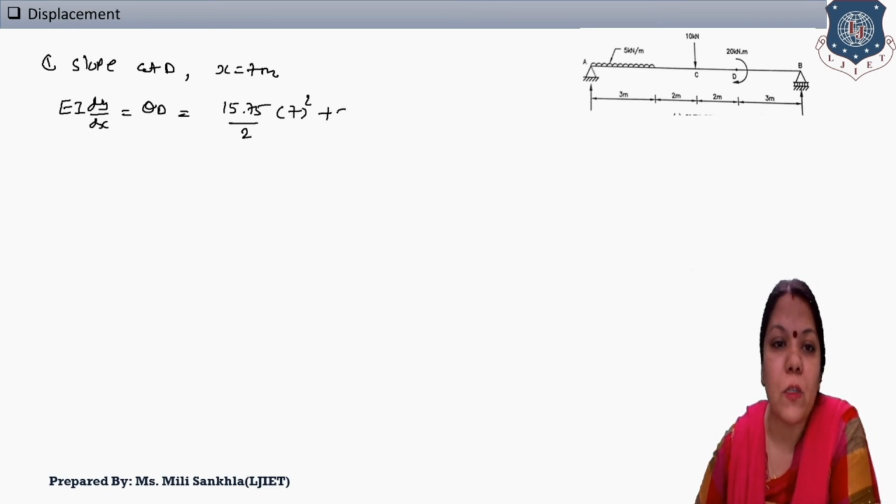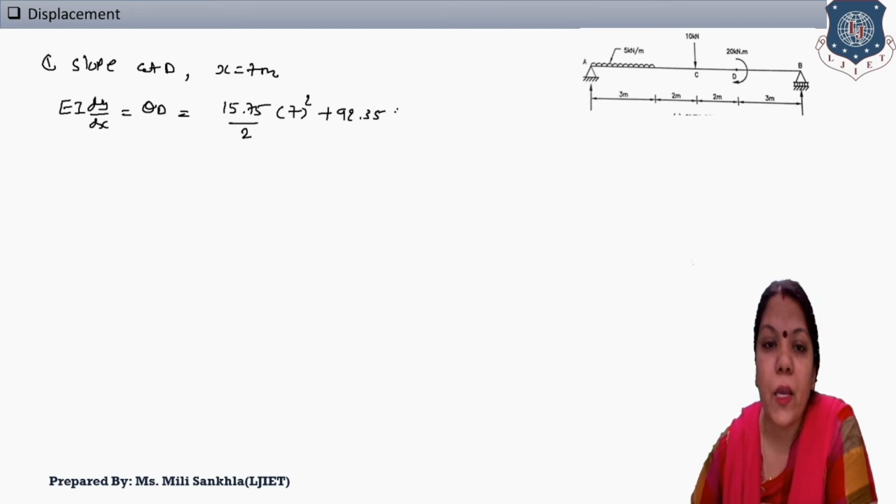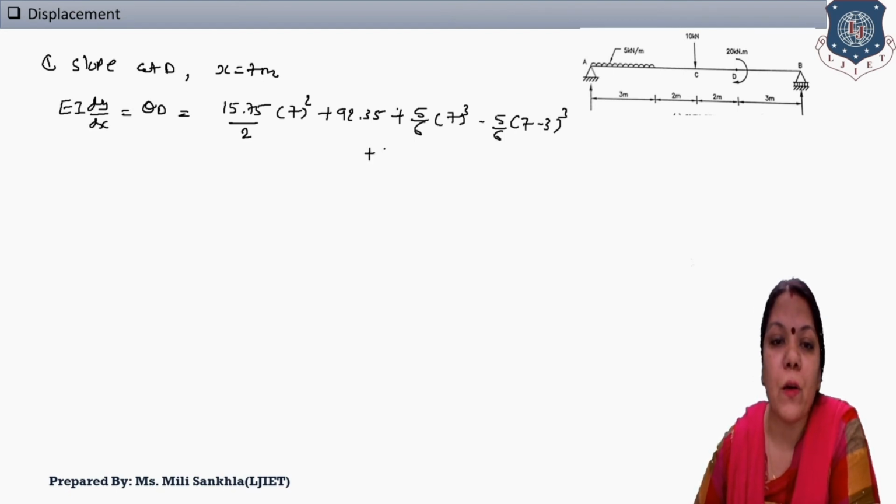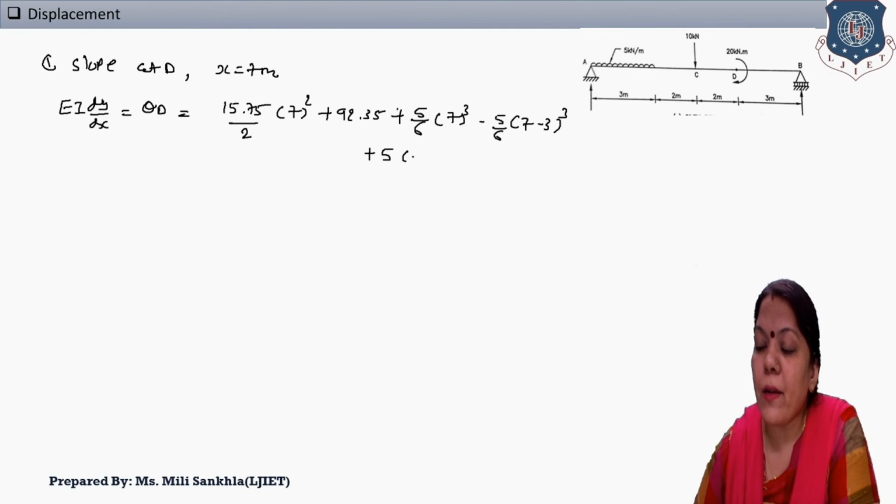Then our constant C1 is equal to 92.35, then plus 5 by 6, and x is equal to 7 cube, then minus 5 by 6, x is equal to 7, 7 minus 3 raised to cube, plus 5, and 7 minus 5 square.